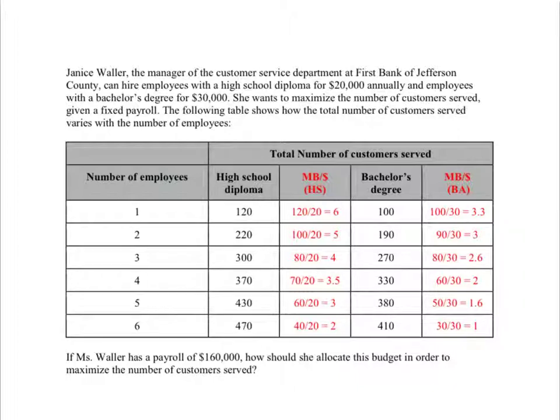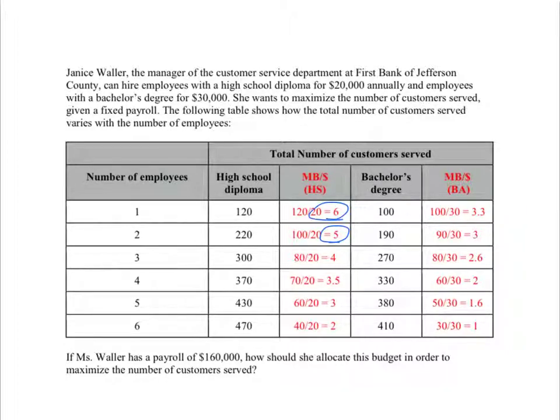Well, we're going to hire the employee that gives us the greatest bang per buck, the greatest marginal benefit per dollar. That would be the first high school diploma employee with a six customers served per dollar spent. Then we would hire another high school diploma employee.